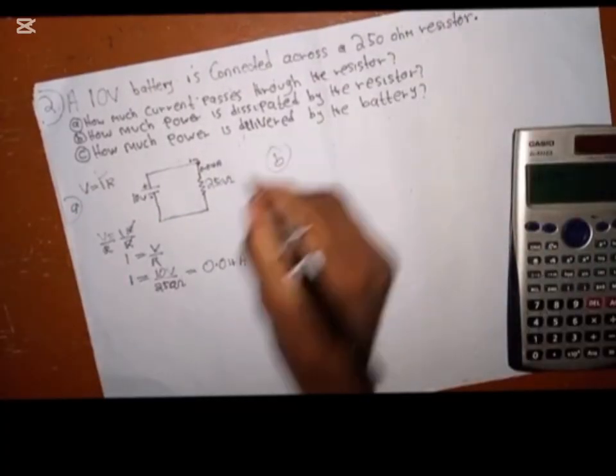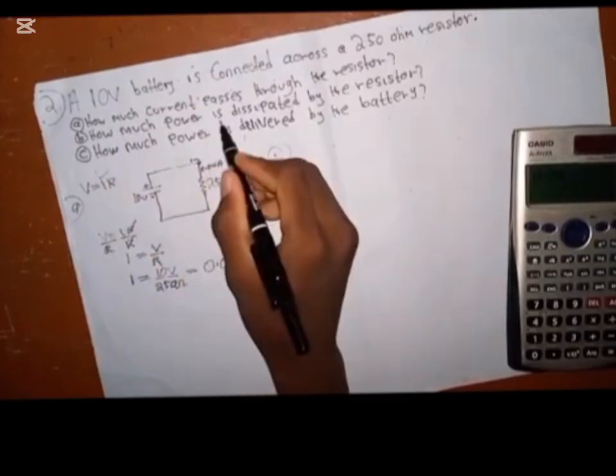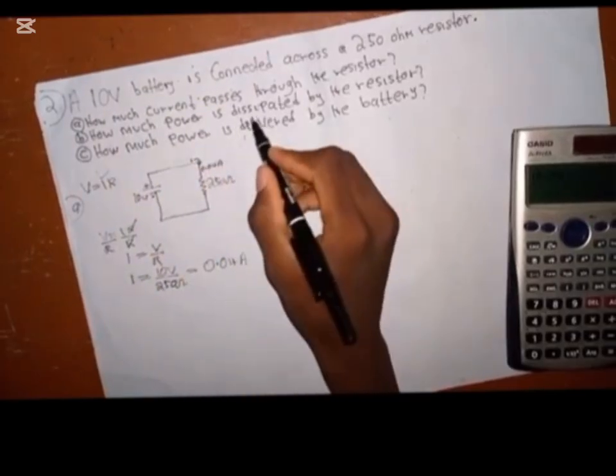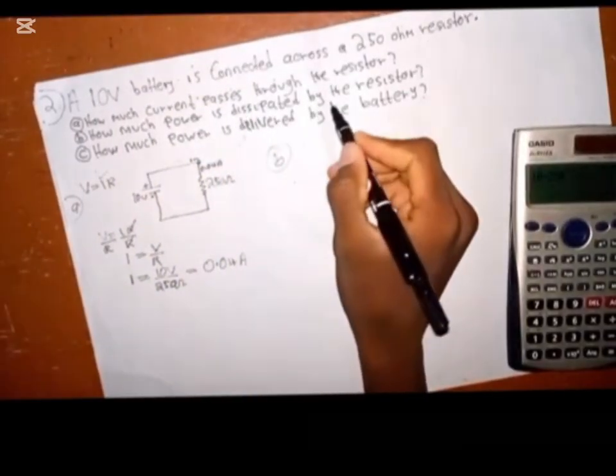5B asks: how much power is dissipated by the resistor?